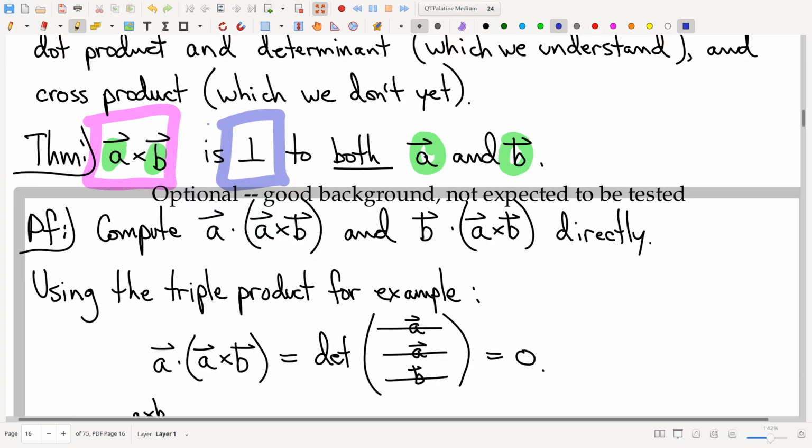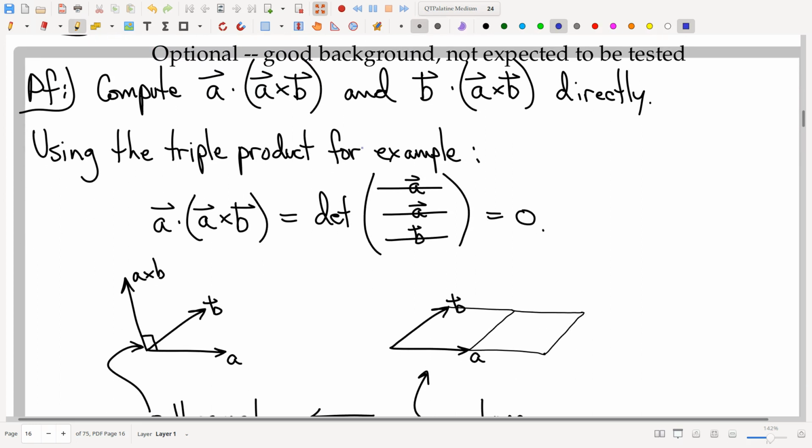It's a fabulous tool for creating stuff that's perpendicular to what you have. Everybody understand the statement there? Okay. Really useful tool for that purpose. Cool proof. Give it a look if you're so inclined. You don't have to, but I think there's good ideas in there.